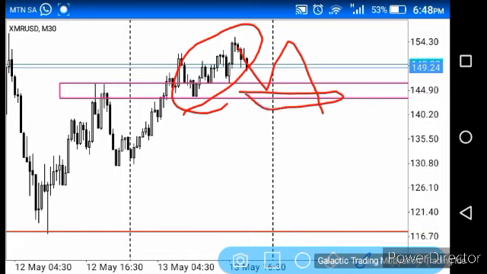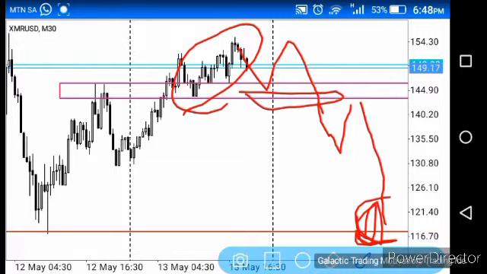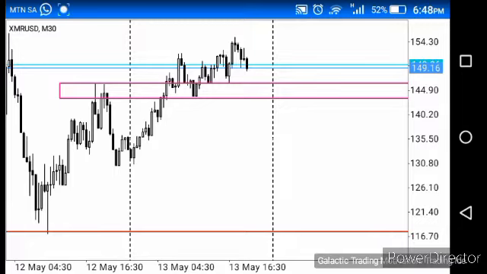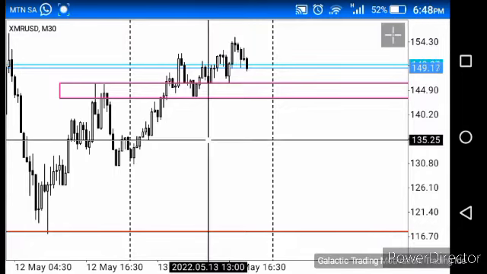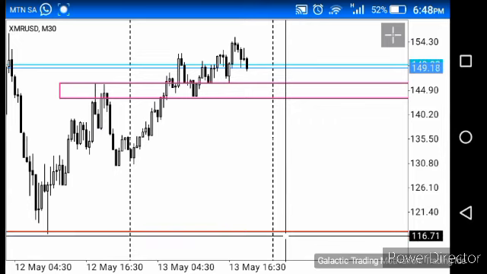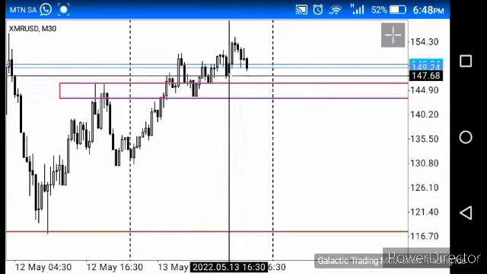We come back to retest the formation and then come down to grab this liquidity that we have been speaking about, right? But for now, I would not do anything. I would actually wait for price to come back to this region before buying again. At this point, I would not do anything further.